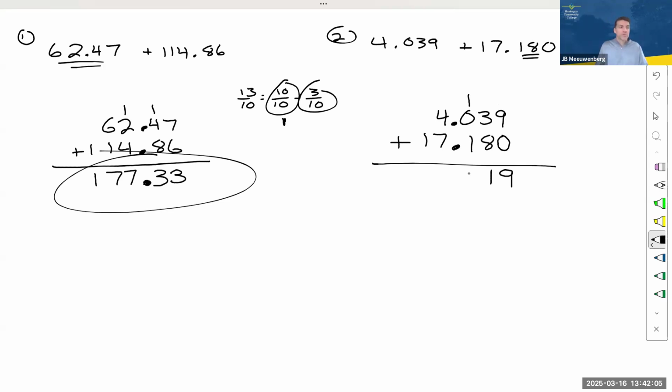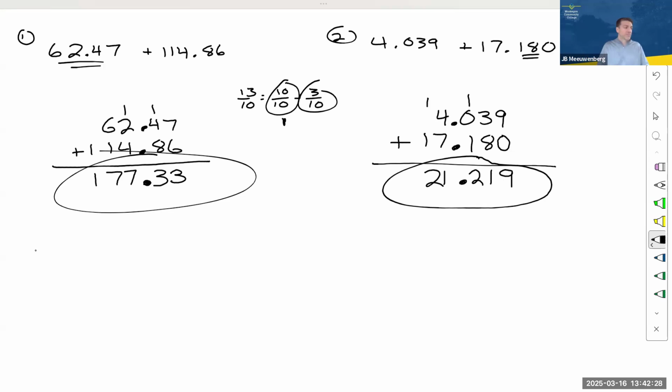Regroup, carry that 1. 1 plus 1 is 2. Our decimal does not move. 4 plus 7 is 11. Carry that 1. 1 plus 1 is 2. 21 and 219 thousandths. Okay, so there we go. Double check on your own addition with decimal skills.